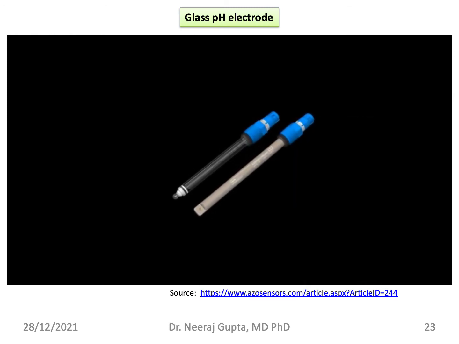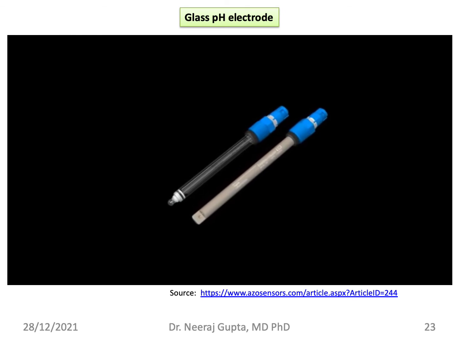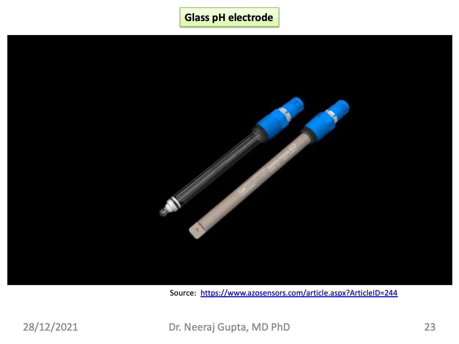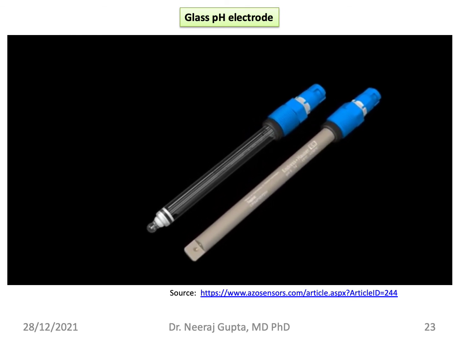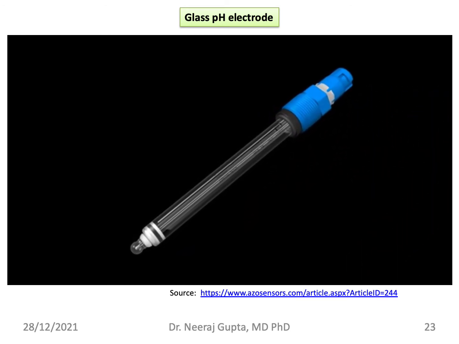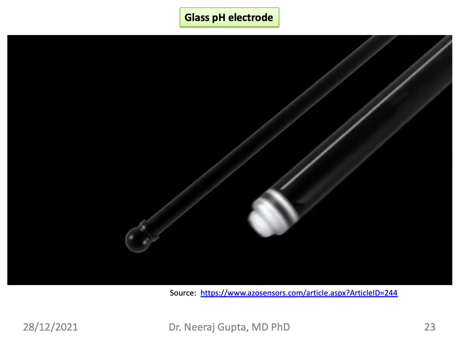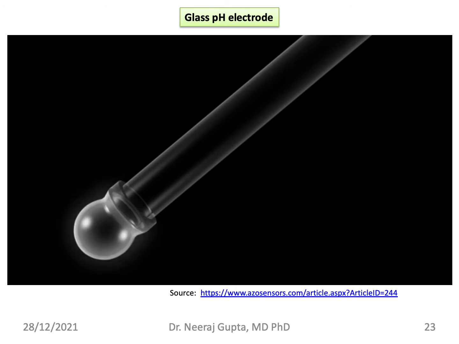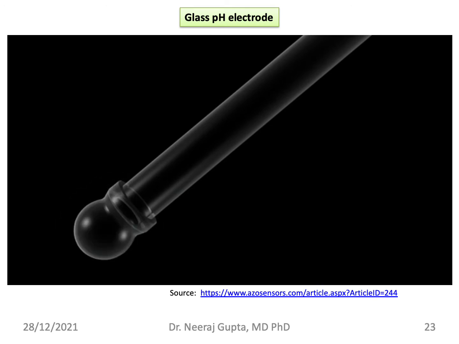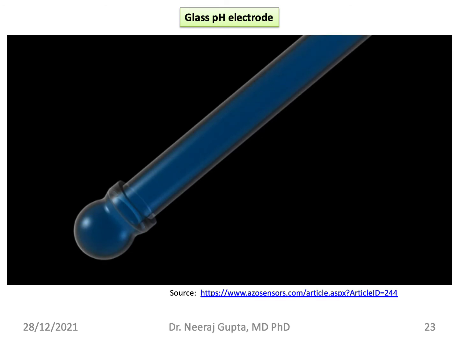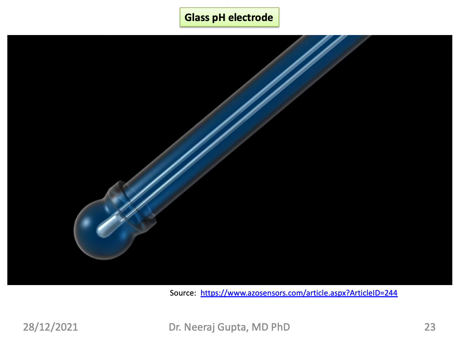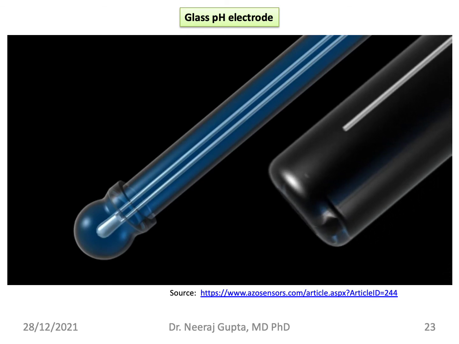Potentiometric pH measurement is the measurement of a potential difference using so-called glass electrodes or non-glass electrodes. In the case of glass electrodes, the pH-sensitive element is a glass bulb that is fused to the end of a glass tube. The electrode is filled with a neutral potassium chloride solution buffered at pH 7 and contains a silver chloride wire that forms the electrical connection.